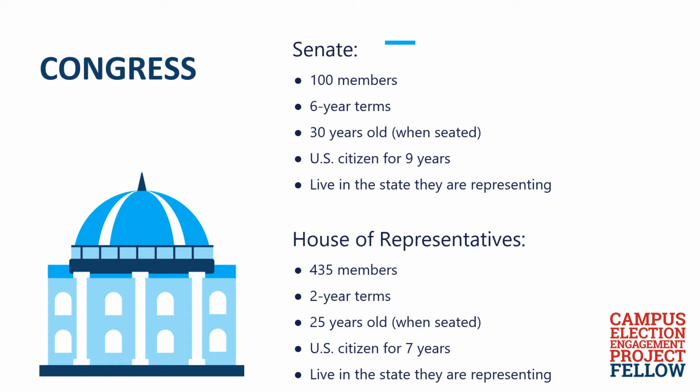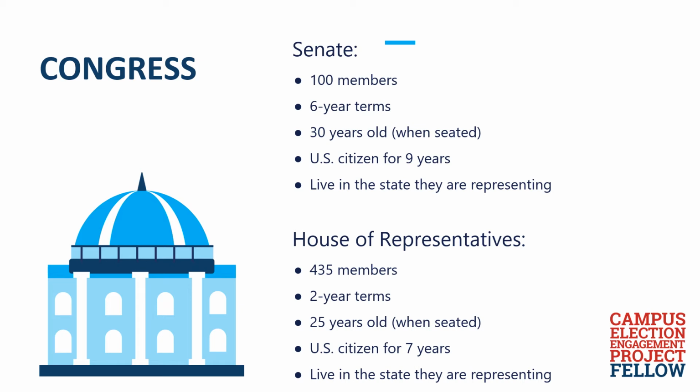Looking at the difference between the two houses, the Senate only has 100 members that serve 6-year terms. To be a senator, you must be 30 years old when seated, be a U.S. citizen for at least 9 years, and live in the state you are representing.